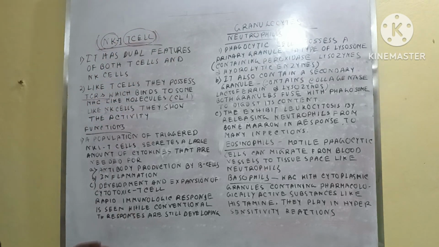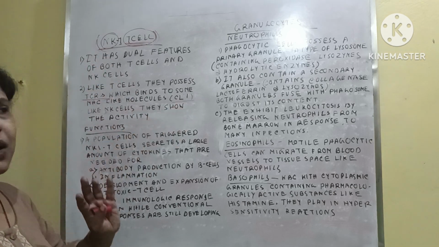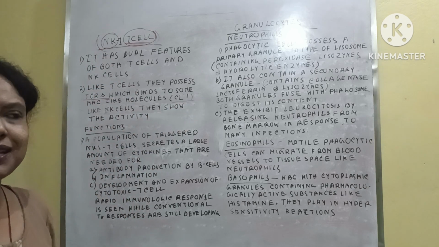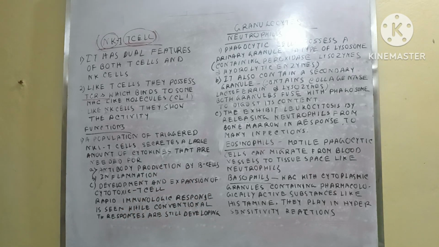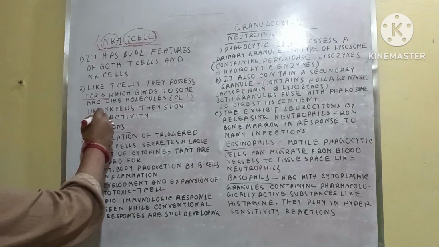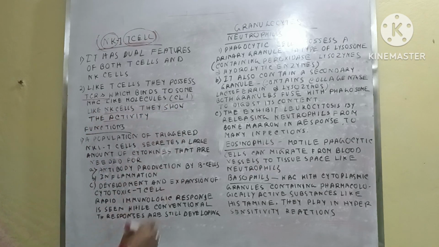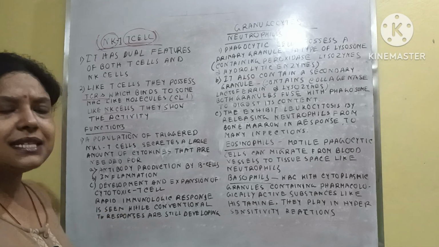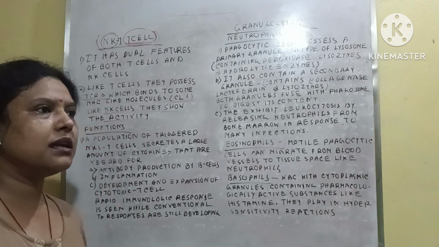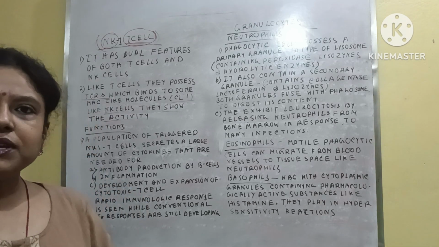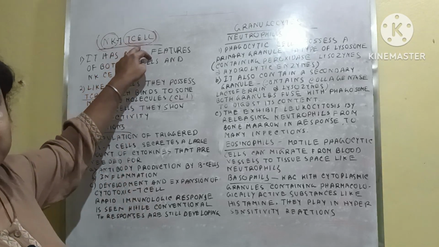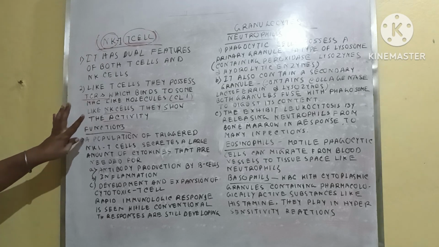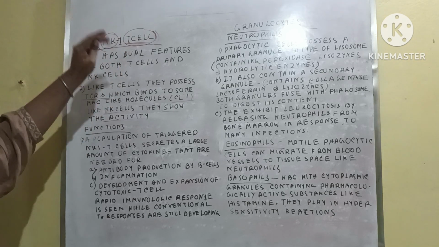That means first this cell binds with the CD1 and then becomes active and then tries to destroy the foreign particles. And the second one is like NK cells, they show the activity. How NK cells get activated or destroy the foreign particles, they carry the same features. So that's why these are known as NK1-T cells.